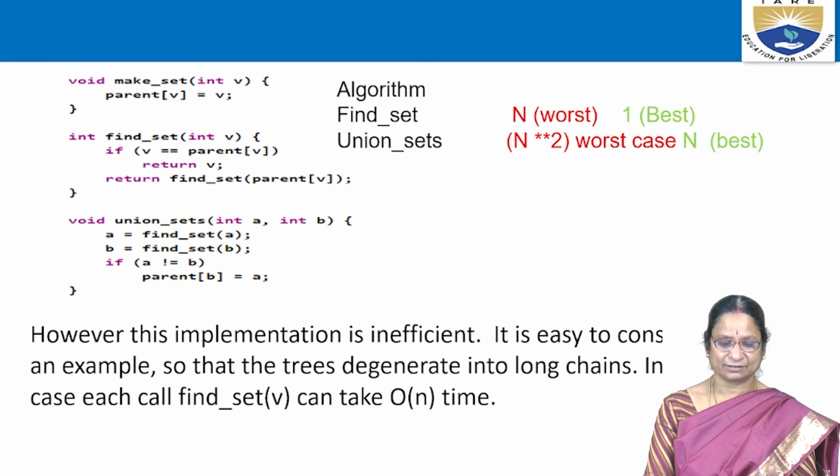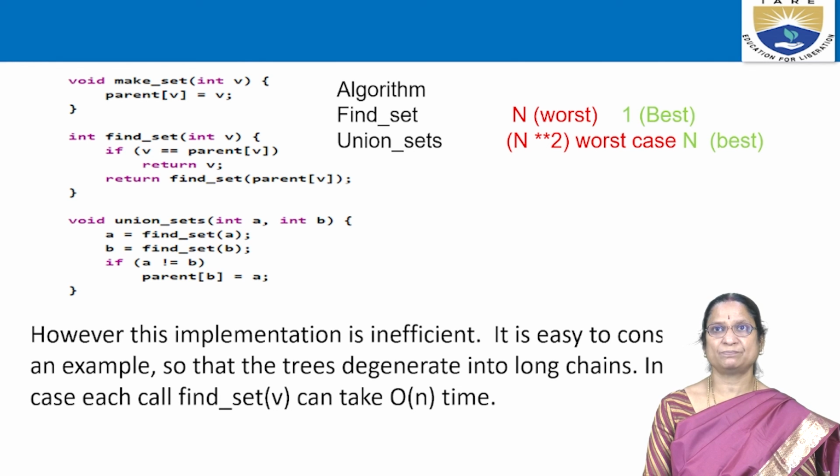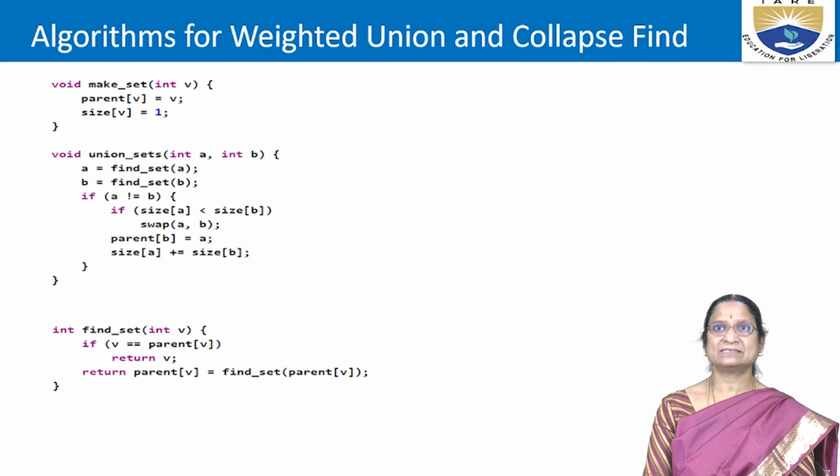This is a simple algorithm, implemented without considering efficiency. Find set is n in the worst case, 1 in the best case; union sets is n square in the worst case, n in the best case.